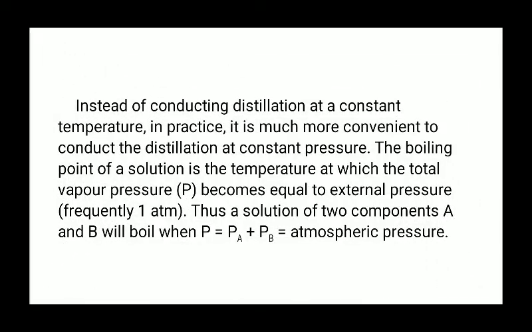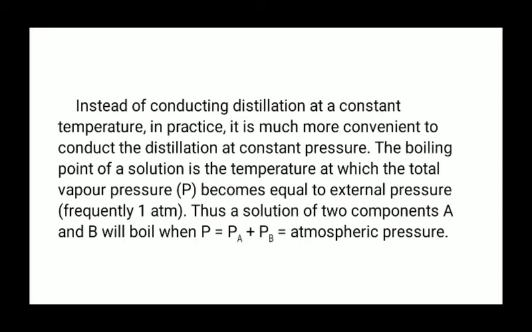Instead of conducting distillation at constant temperature, in practice it is much more convenient to conduct the distillation at constant pressure. The boiling point of a solution is the temperature at which total vapor pressure becomes equal to external pressure.